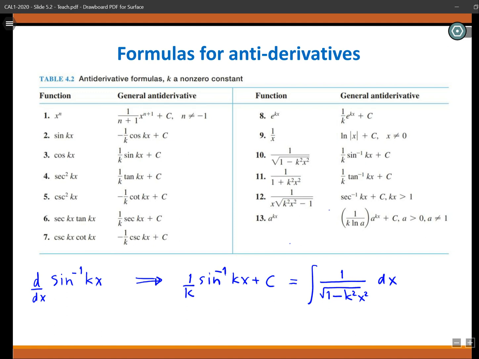And then somehow I told you that this 1 over square root of 1 minus k square x square is the antiderivative. That was completely wrong. That is the other way around of what is supposed to be. I integrate this and I get this, which means that this is the antiderivative of the function inside the integration, this f(x).